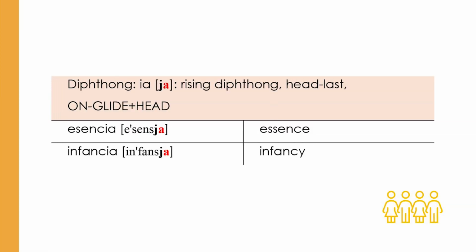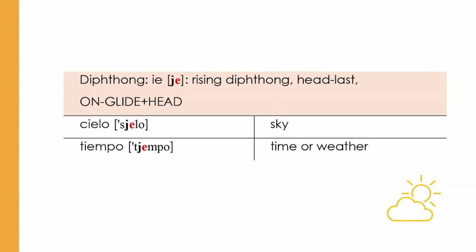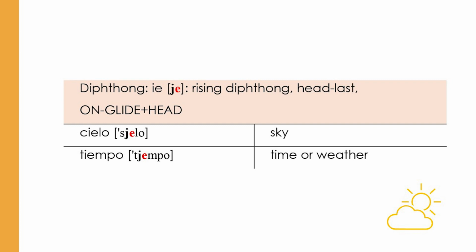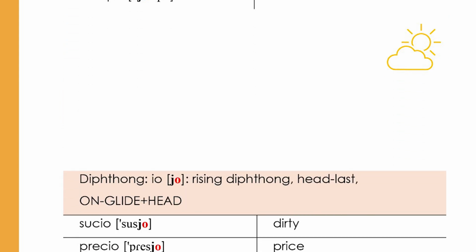What about this? What kind of diphthong is it? If it's an on glide, head last, it's rising. "Esencia, infancia." Yes, on glide. If on glide, it means head last, it means rising. "Cielo, tiempo."